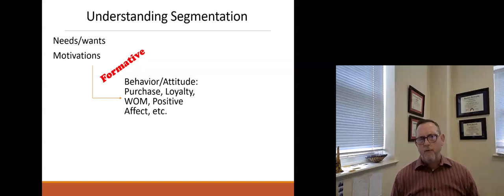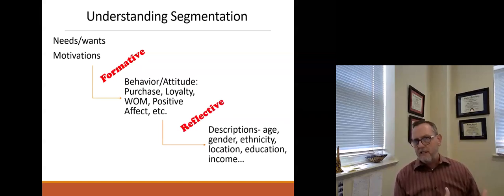These help form our motivation, our wants, the things that we do. And then finally, we have reflective variables or reflective indicators. They don't really tell us why somebody wants to buy or why they have a need, or they're less powerful in predicting that anyways. And they tend to be things like demographic variables and geographic variables.